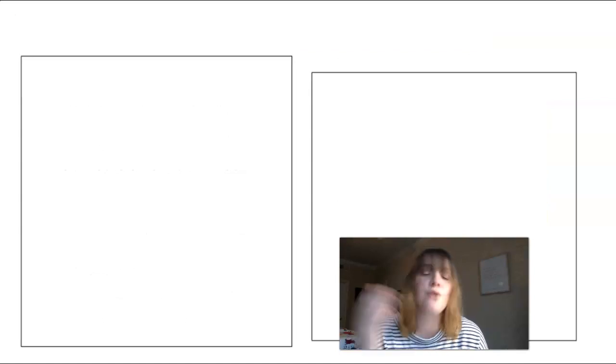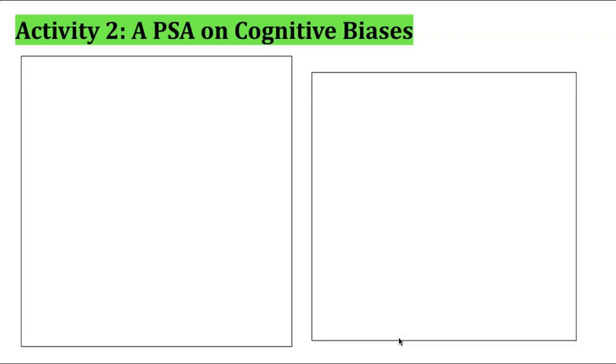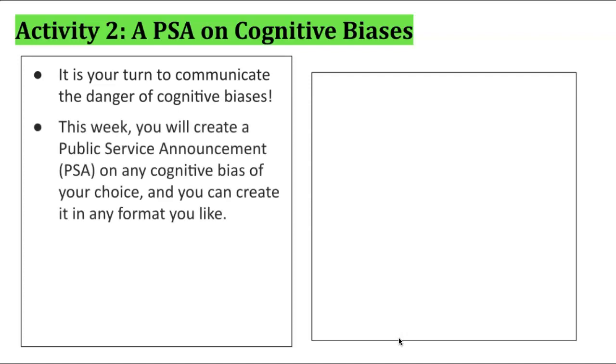And then your main assignment that you're going to need to do is I'm asking you to create a public service announcement on cognitive biases. So basically, it is your turn to communicate the danger of cognitive biases. So this week, your one major assignment is to create a public service announcement, or a PSA, on any cognitive bias of your choice, and you can create it in any format you want.